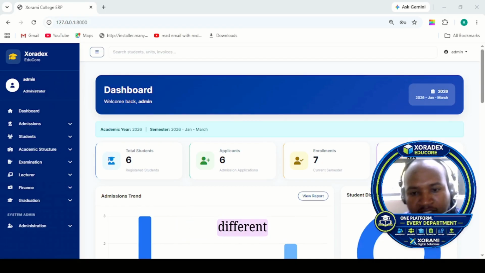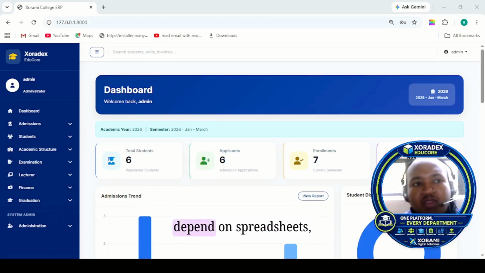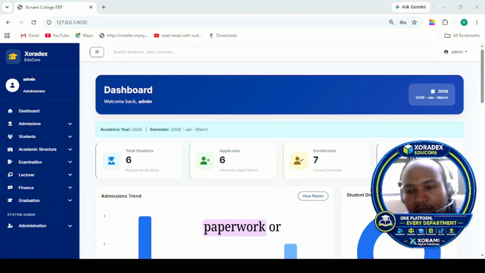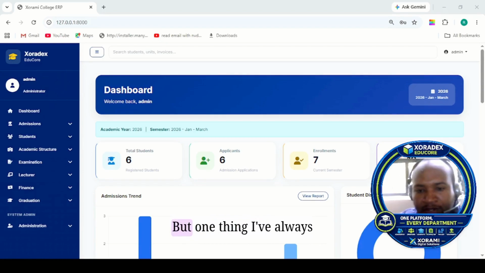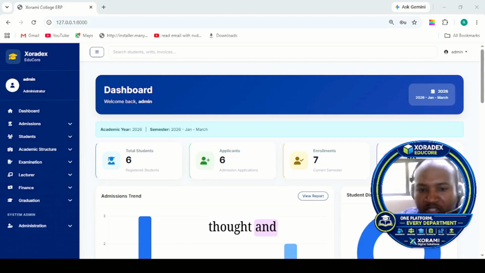HR has different files, and sometimes everything will depend on spreadsheets, paperwork, or systems that do not communicate with each other at some point. But one thing I've always held on to is that there is always a solution to everything that exists.